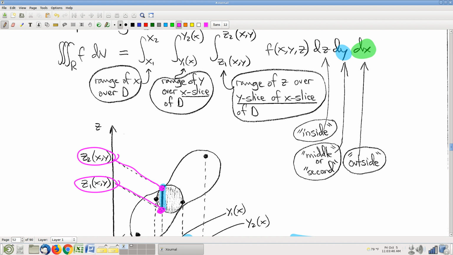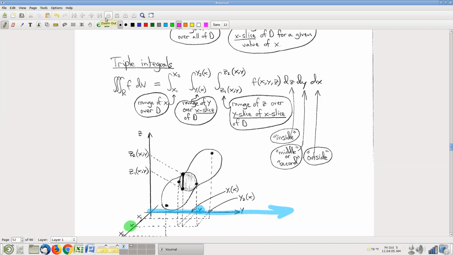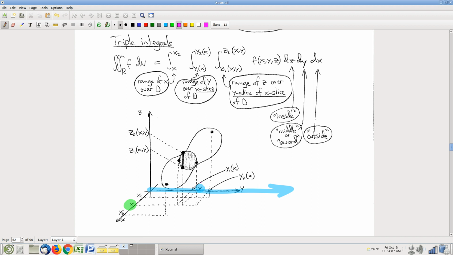And that gives me my z bounds, which of course depend on x and which of course depend on y, because we're only looking on that specific y slice and that specific x slice. Okay, so that's the process. This is what it looks like geometrically. I think the best way to get a handle on how this looks in practice is to get our hands dirty and actually do some.